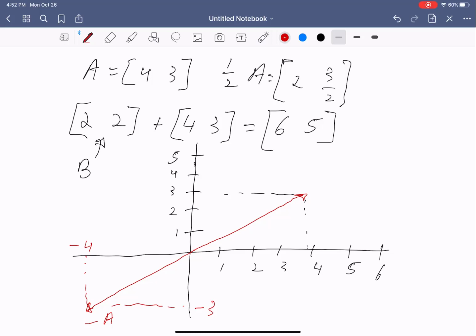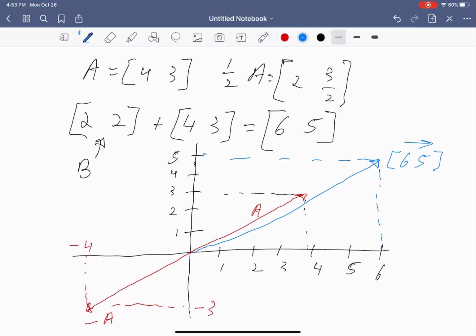So that's minus A, and this is A. And then we can have our blue one, which is 6 and 5. So we go up here, and we have that one just coming like that. So this is the 6, 5 directional.